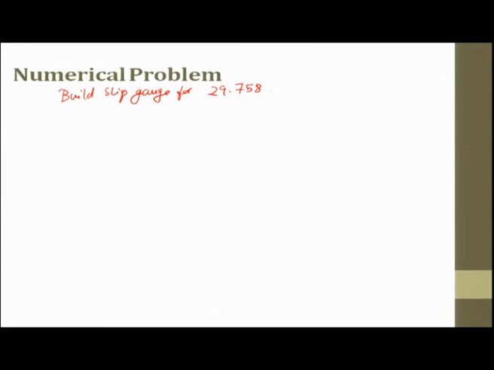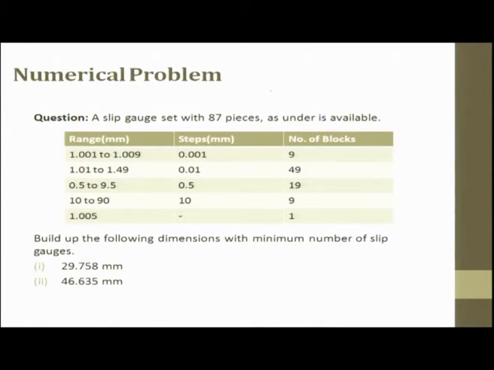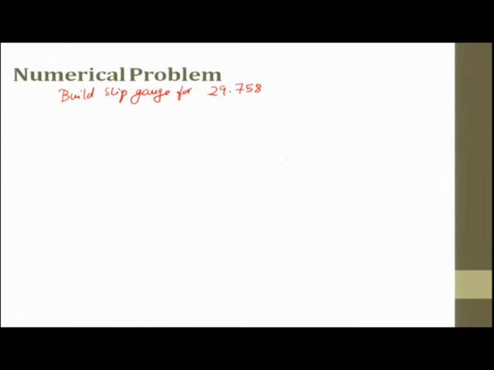Okay. So, if you go back to the sum, for 0.008 you have 9 blocks. So, first I take 29.758 and then I subtract 1.008. So, I get 28.750.